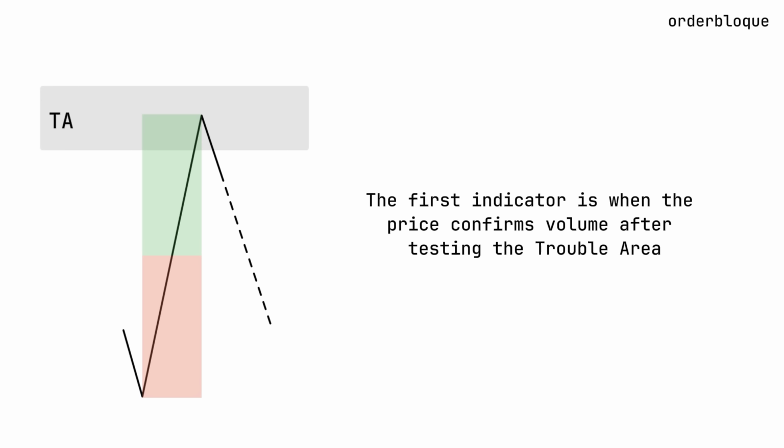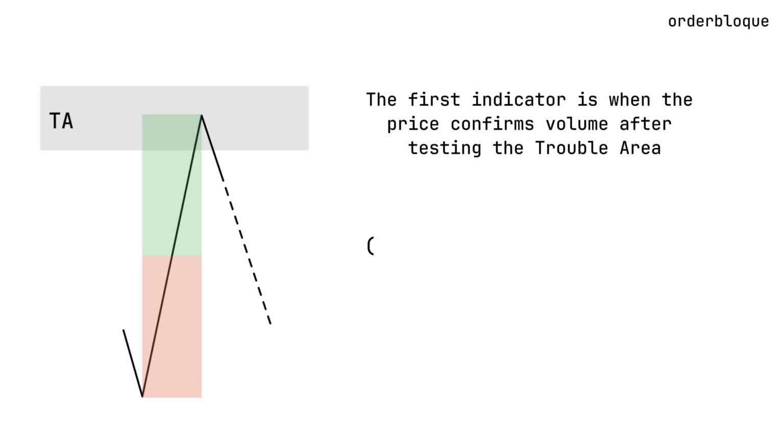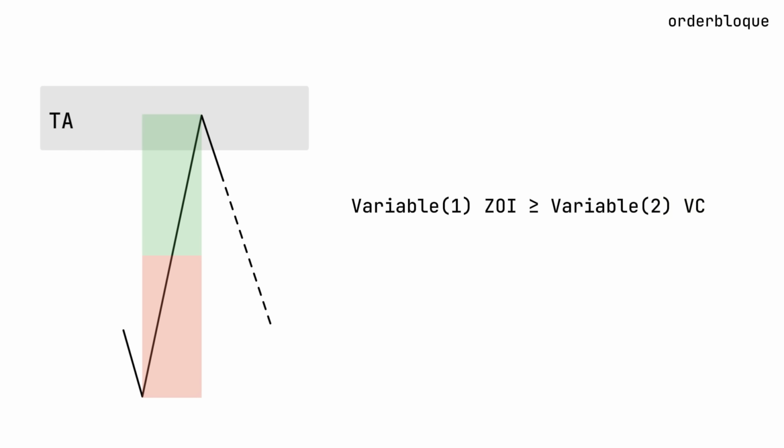The first indicator, or we can say an additional formula, is when the price confirms volume after testing the trouble area. The trouble area is the same zone of interest, just oriented against us or our range. The basic zone validation formula applies here. Variable 1, zone of interest greater than or equal to variable 2, volume confirmation.